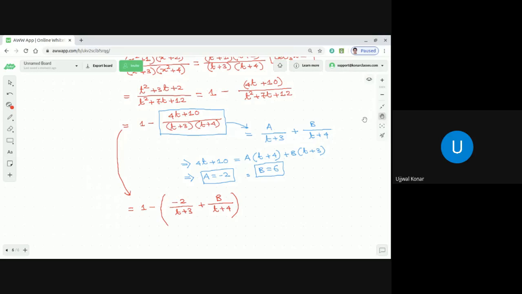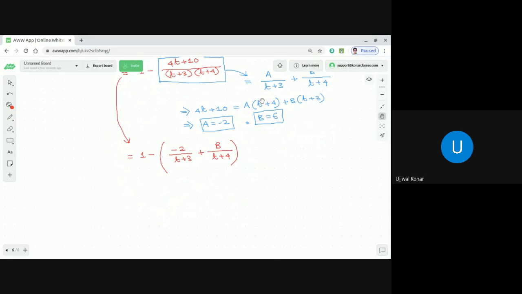Yes, sir. Clear. Now let's revert back the values, t equal to x square. So what we are going to get is 1 plus 2 by x square plus 3, sorry, it should be minus, minus 6 by x square plus 4.